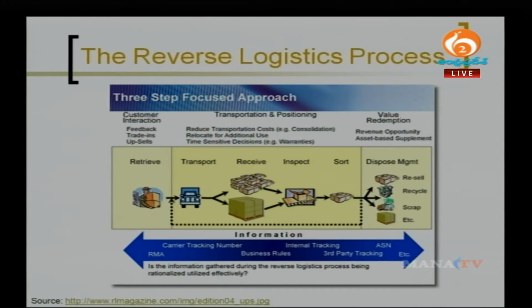In case it is damaged, it needs to be remanufactured. It is sorted and then subject to different activities. What are these activities? They could be resold, they could be recycled, they could be sold as scrap, and so on.